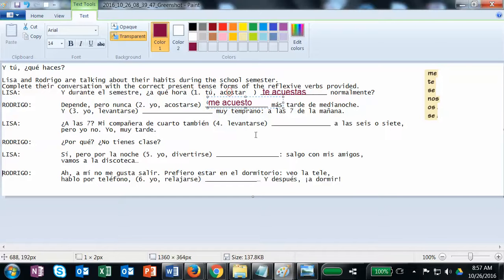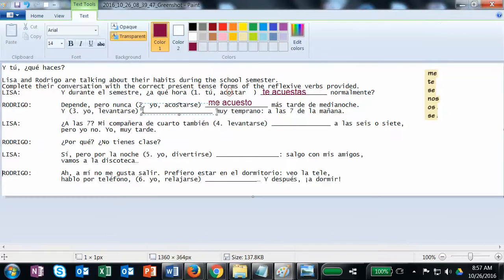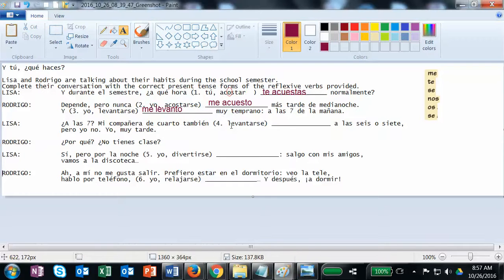It's been conjugated. "Yo levantarse muy temprano a las 7 de la mañana." Levantar is normal, so I'm just going to keep levant. And then since it's yo, I'm going to add an O, and then I need the reflexive pronoun that matches that O, which would be me. Me levanto muy temprano a las 7:30.